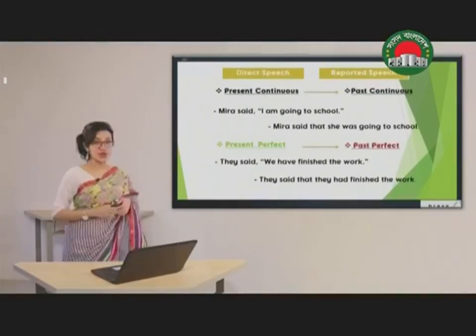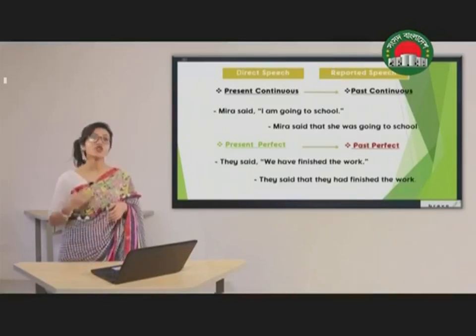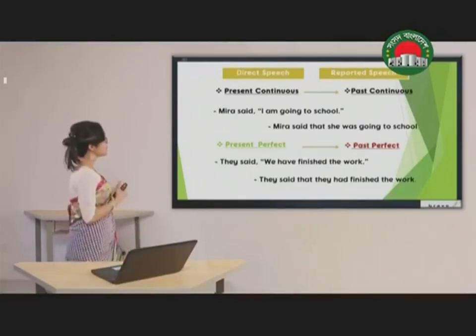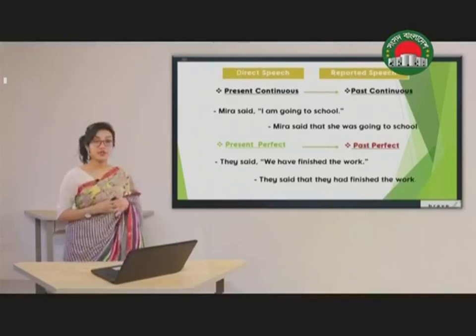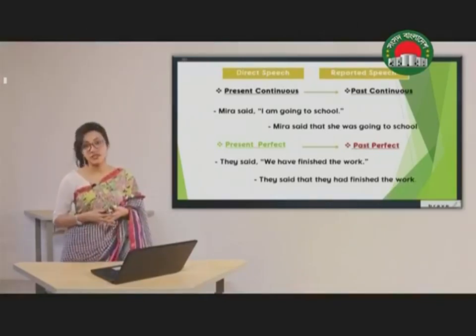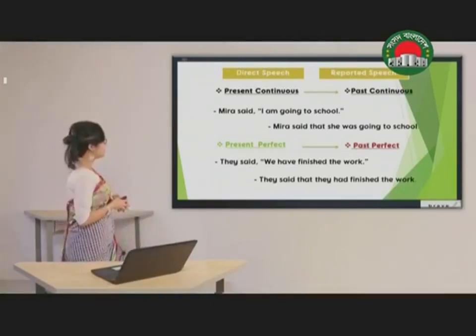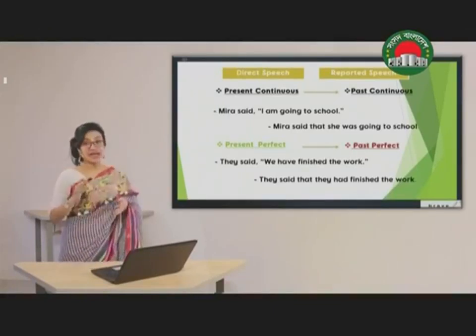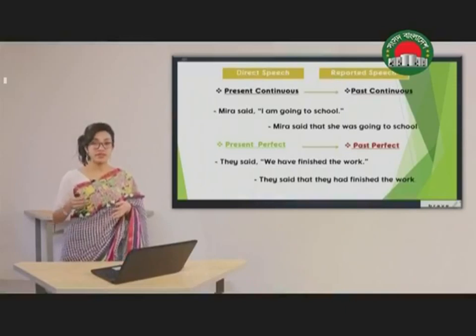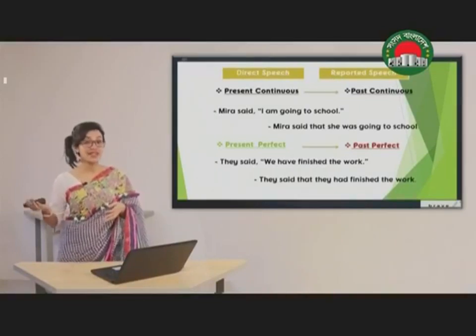Now let's look at this one. What is going to happen in case of continuous tense? In case of present continuous tense, it's going to be changed into past continuous. For example, Mira said, "I am going to school." Here, we have the be verb, then we have used verb plus ing.